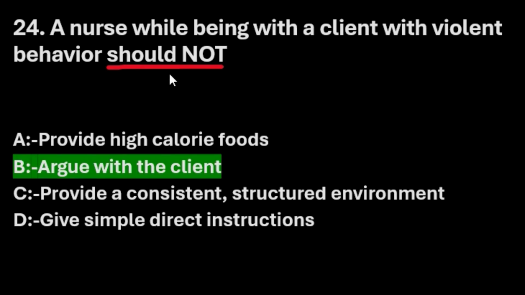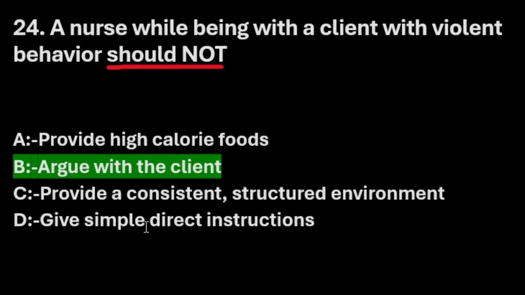Here, the negative word is should not. So, what the nurse is supposed to do are the wrong options here, and what the nurse should not do should be the right answer here. So, provide high calorie food, provide a consistent structured environment. Yes, structured environment is essential for the client for controlling his violent behavior.